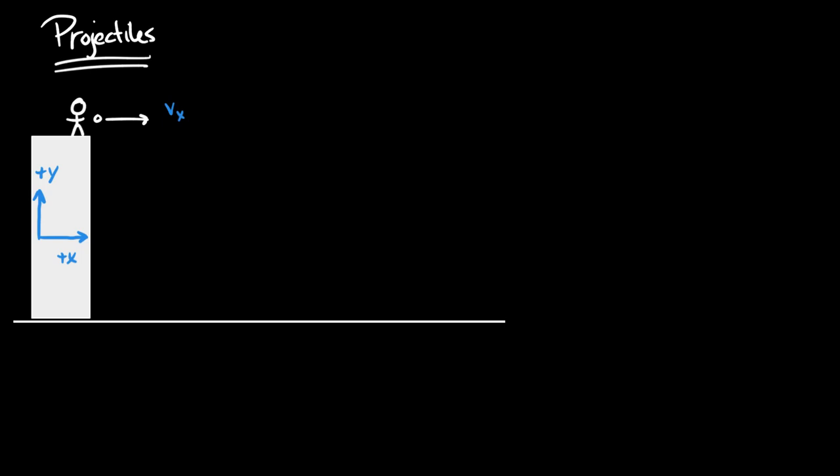We are aware from our prior work that there's an acceleration due to gravity that will be straight downwards. Now, I think most of you understand what's going to happen here. The ball's going to fall towards the ground while moving sideways. It'll have a path something like that. Won't you agree? Does that make sense?